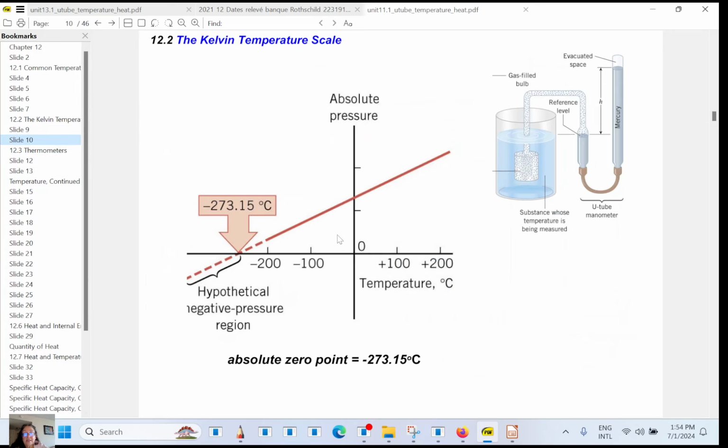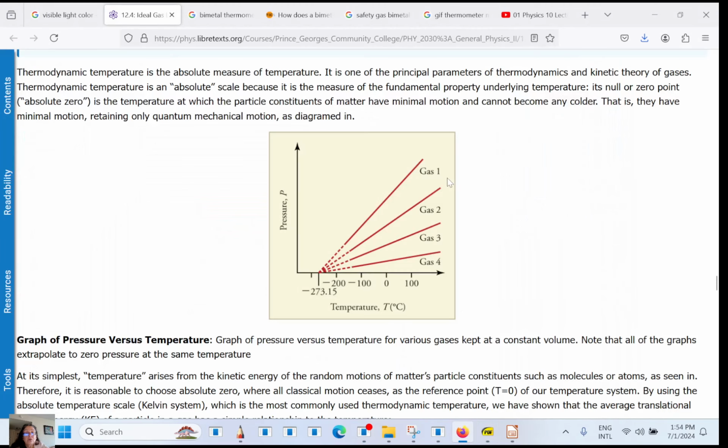About the Kelvin scale, you can use what's called Charles' law. You can have a given volume, so the volume of an ideal gas does not change.